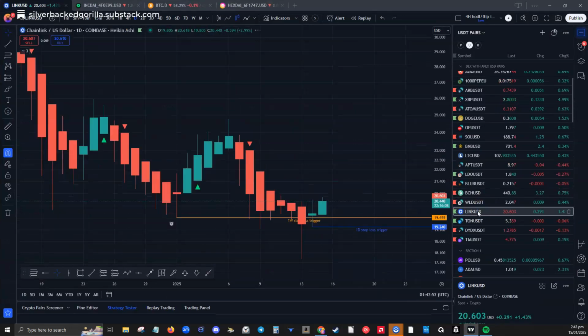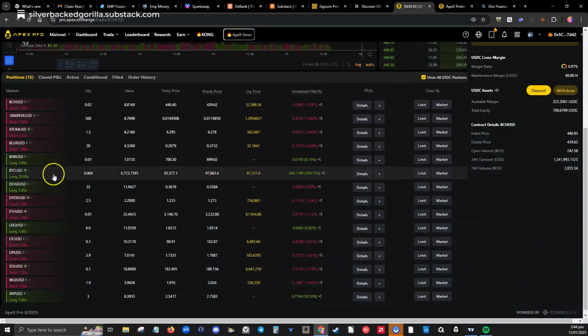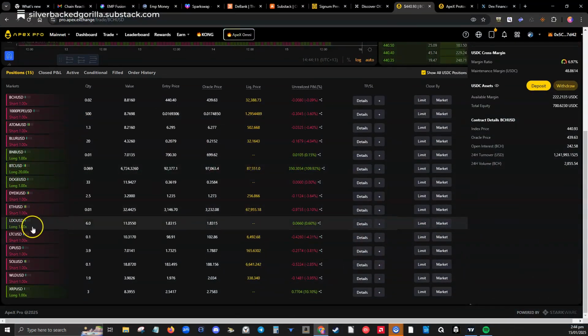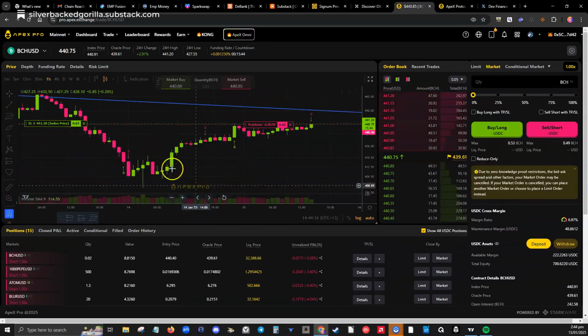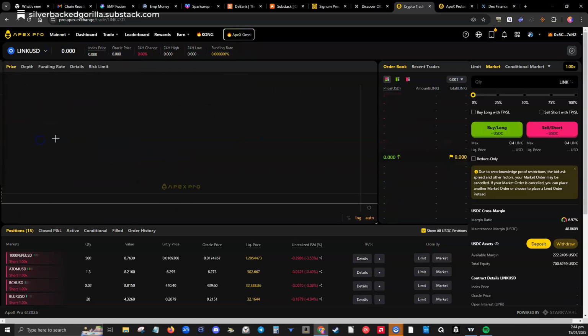Link. It's a new long actually, so that's good. New long, and let's get the stop loss level. Make sure I haven't already got it somewhere here as a short or something. No, it's all right. Let's find Link. There it is.